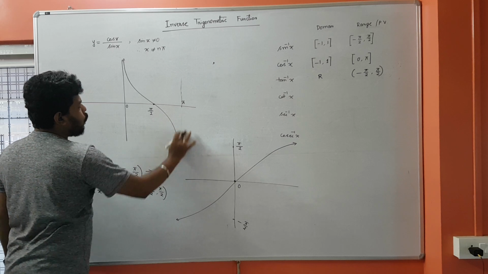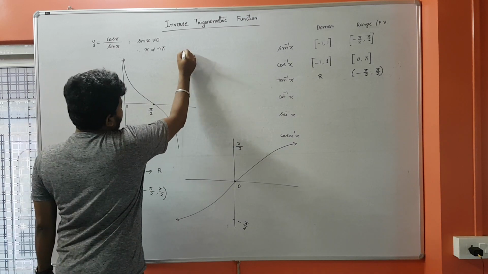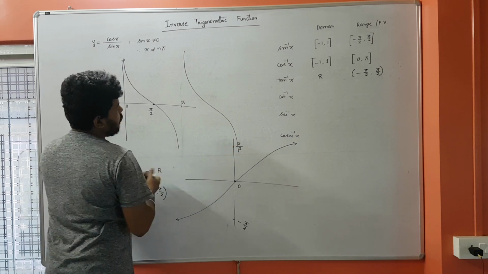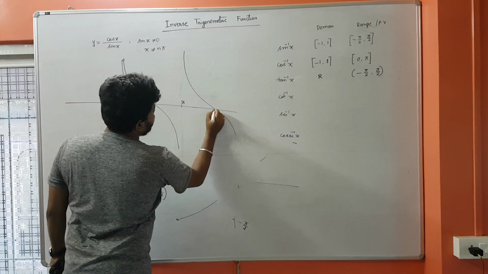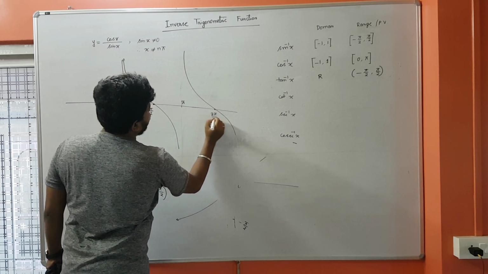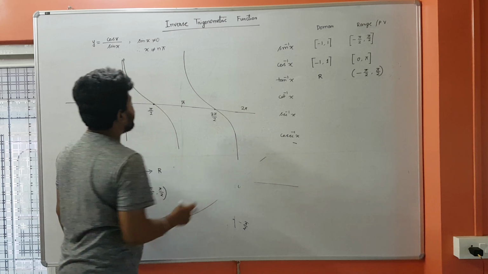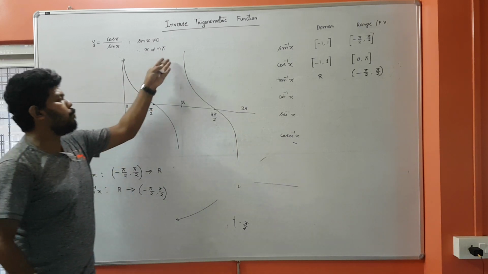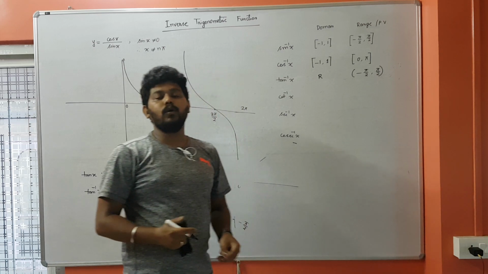The graph of cot x has more than one branch. If I draw another branch, I will get something like this. This point is 3 pi by 2. This is twice pi. The lines x equal to 0, x equal to pi, x equal to twice pi are the vertical asymptotes of cot x.